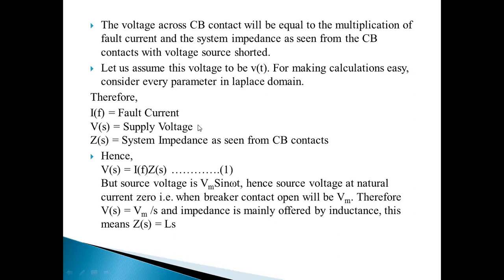So if I of F is the fault current flowing, then V of S is the supply voltage, and Z of S is the system impedance as seen from circuit breaker contacts. So we have to consider the source side and the circuit breaker side. When we are using the Laplace equation, we have to write this Z of S.